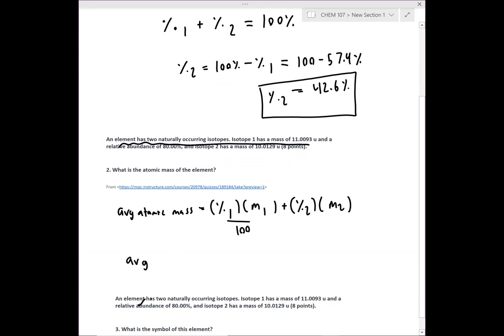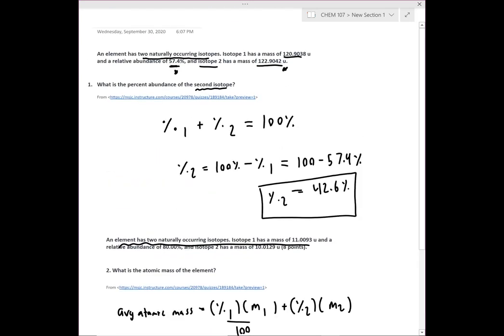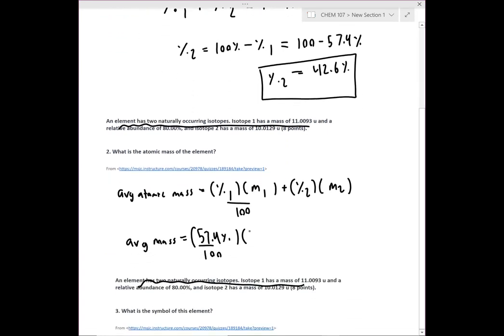And if we calculate our average atomic mass for our compound, we get our first percent abundance of 57.4% over 100 times our first mass, which isotope 1 has a mass of 120.9038.